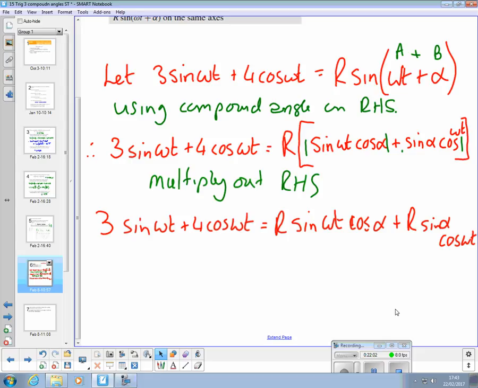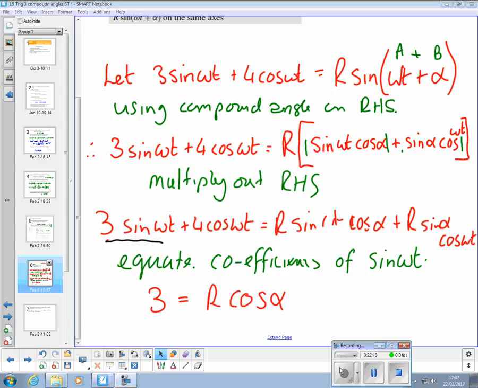Can anyone see what we can do with that now? On that side, sine omega t is multiplied by 3. On this side, sine omega t is multiplied by R cos alpha. You got it? So now, can I find R?